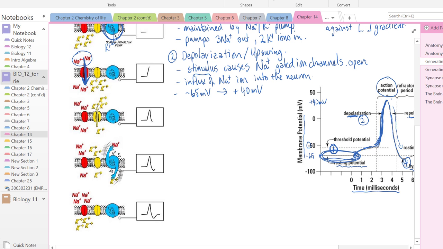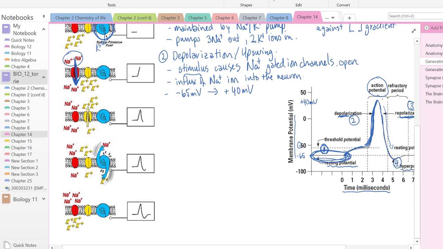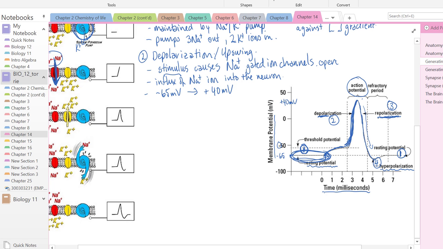As a result of depolarization, this then leads to step 3 of the action potential, which is referred to as repolarization. Repolarization is characterized by the opening of potassium-gated channels.